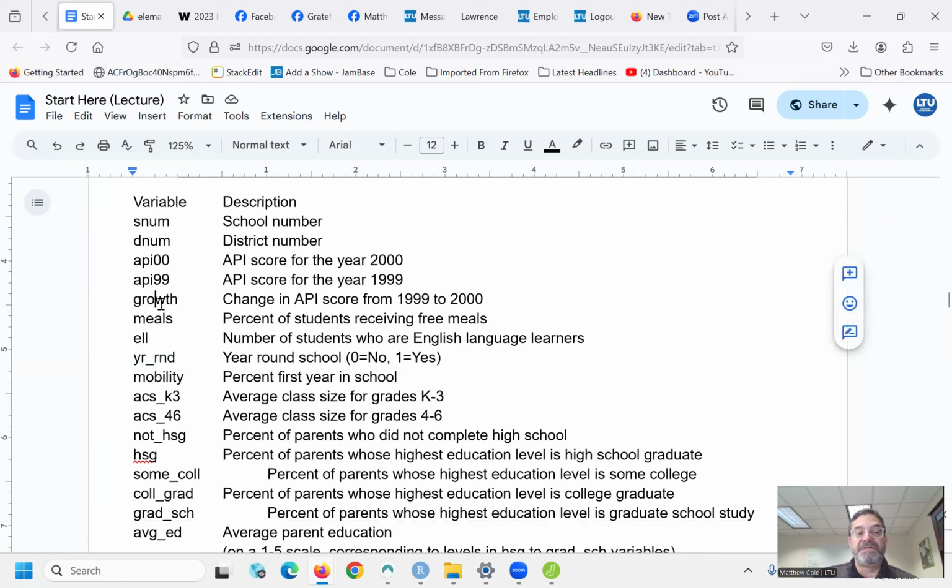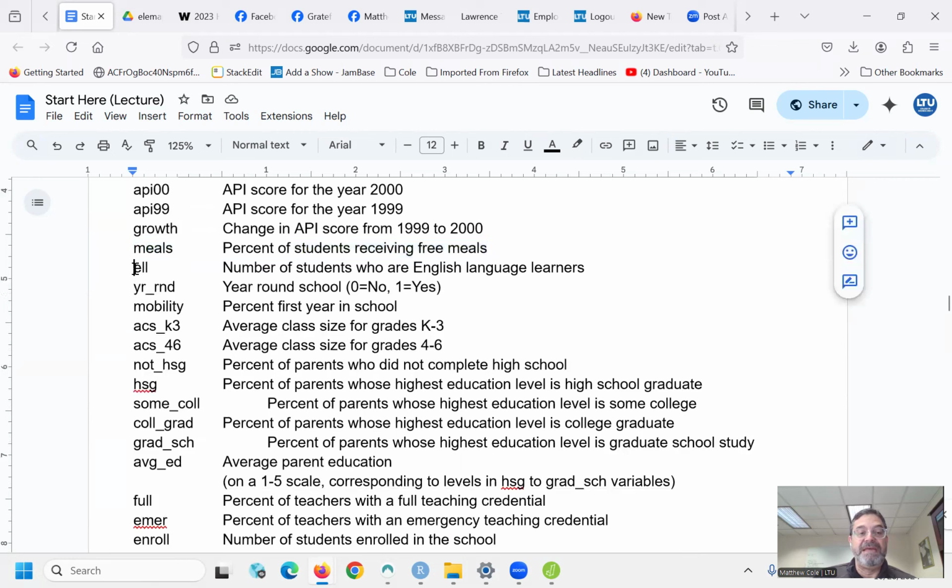Growth. Well, it looks like growth is just the change in the score, so that wouldn't really be a predictor. Here's a predictor: meals, percent of students receiving free meals. L, number of students who are English language learners. Year round, whether the school is open year round or not. I mean, year round basically means, do the kids need summer school or not? Mobility, percent, first year in school.